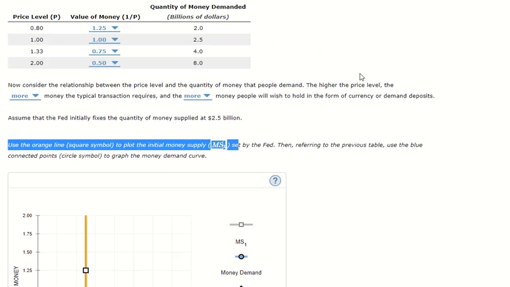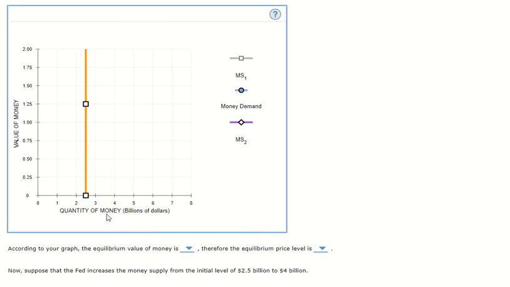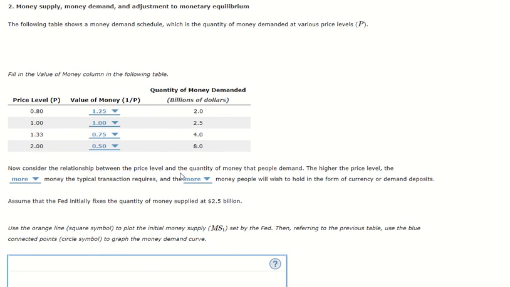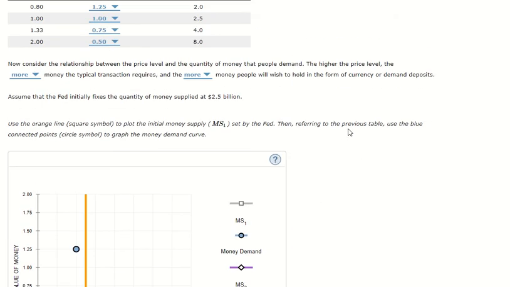All right, so for our first point, we're looking for the value of money on the left axis and the quantity of money on the horizontal axis. So the first point is 1.25 and 2. All right, that's the first one.